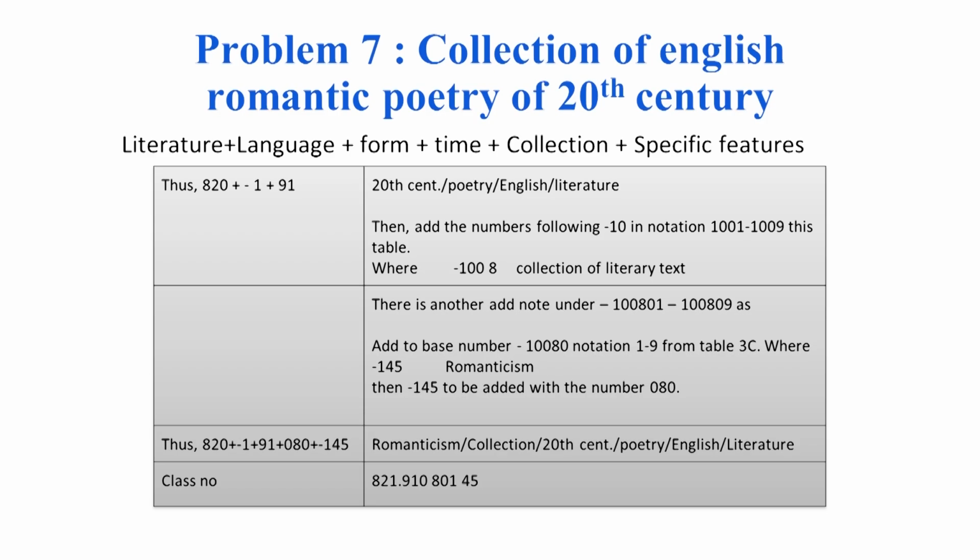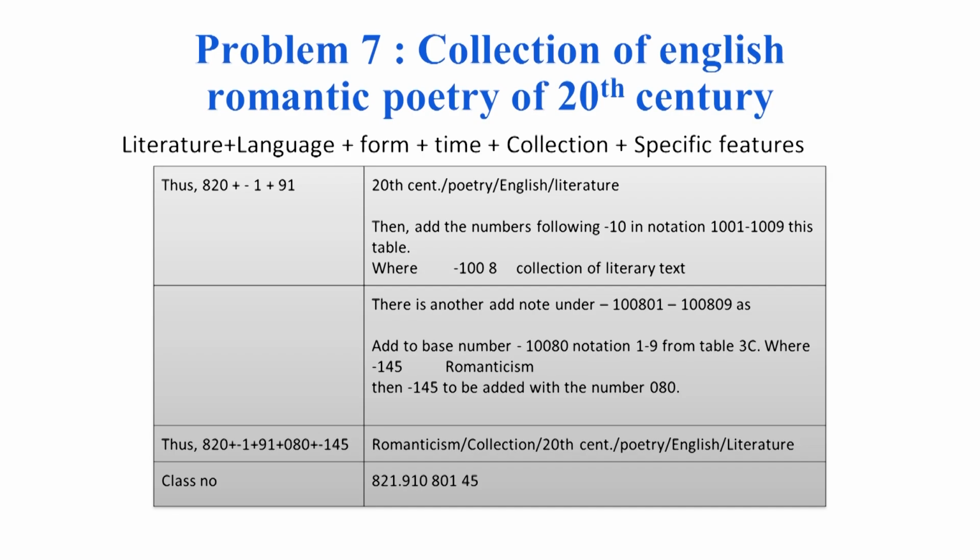So we have to think in such a way that if the problem is set so that it is English literature, its form is poetry, the kind of poetry is romantic and it is of the 20th century, then we have to add the class number, and we have to add the romantic number as well.